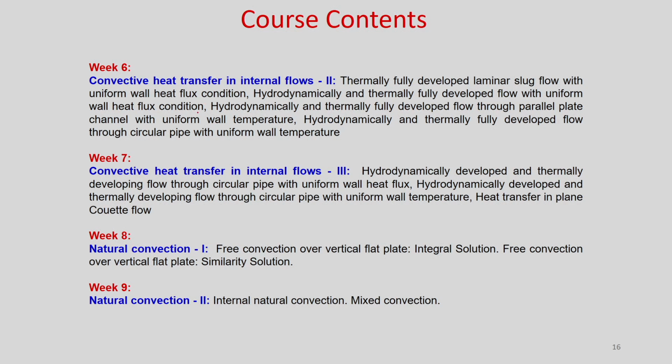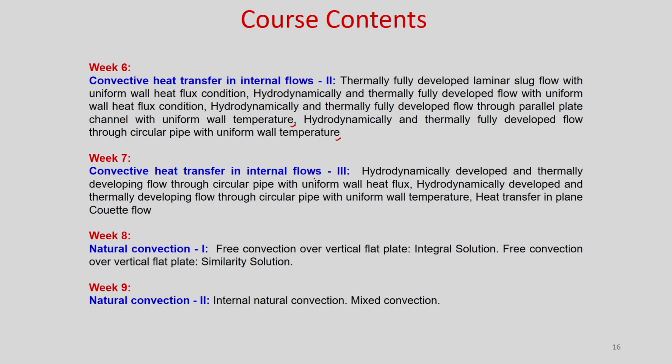One is flow between parallel plates and the other is circular pipe. Then we will discuss hydrodynamically and thermally fully developed flow through a parallel plate channel with uniform wall temperature condition, and then through a circular pipe with uniform wall temperature.